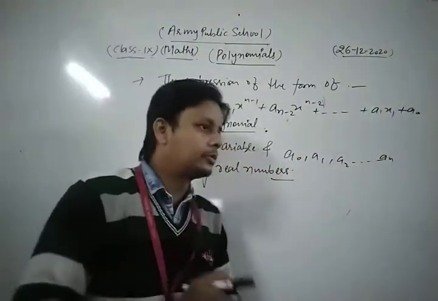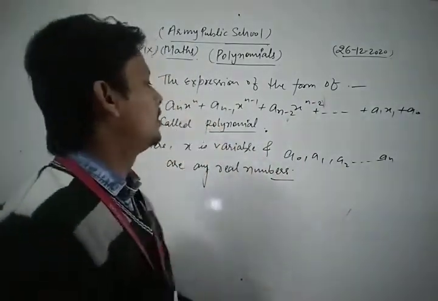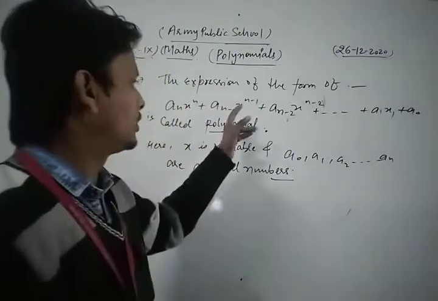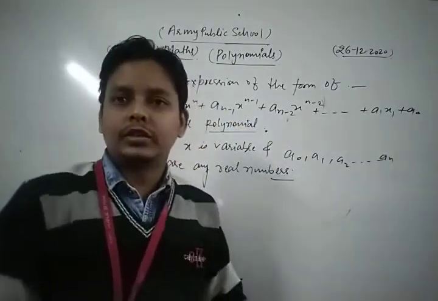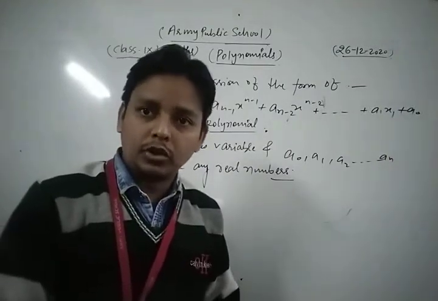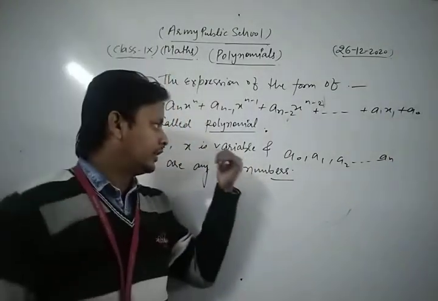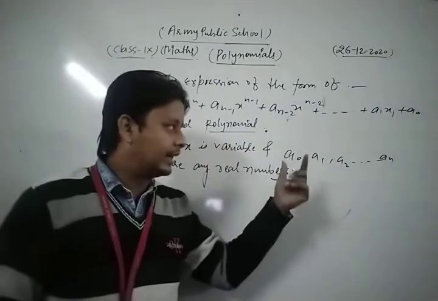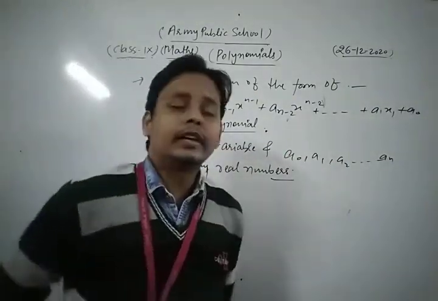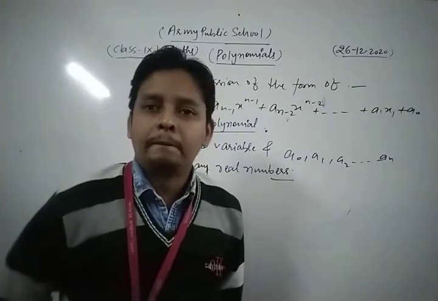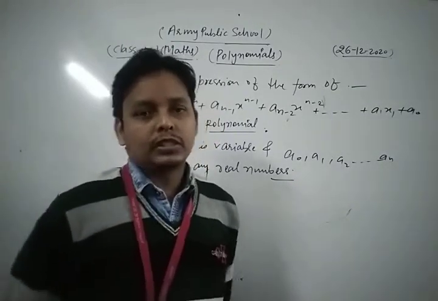Any algebraic expression in the form of a_n x to the power n, a_(n-1) x to the power n minus 1 and so on up to a naught is known as a polynomial, where x is the variable and the coefficients a naught, a1, a2 up to a_n are real numbers.